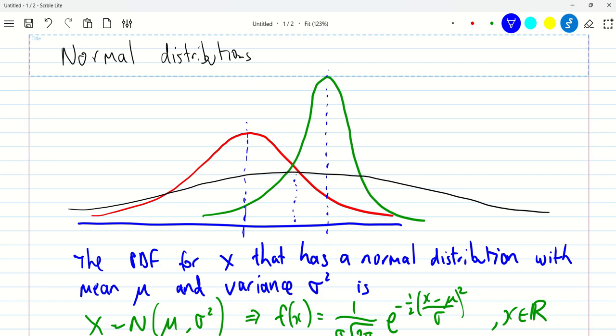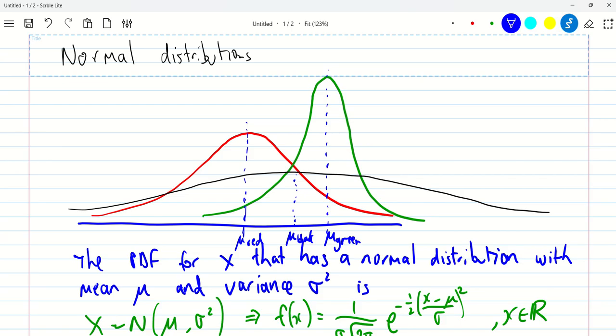That middle part of the curve is actually the mean. That would be the mean of the red, the mean of the black, and the mean of the green curve. So mu, the mean, is in the middle of the curve.